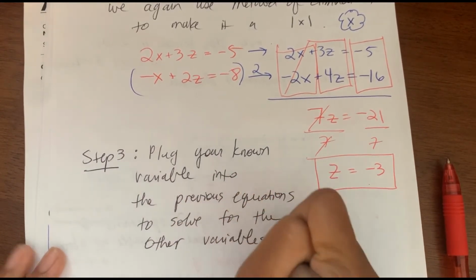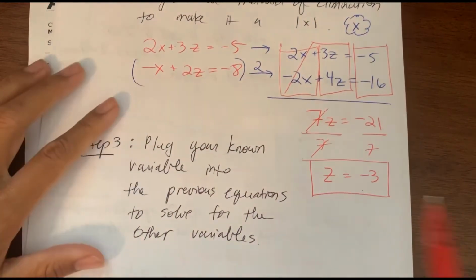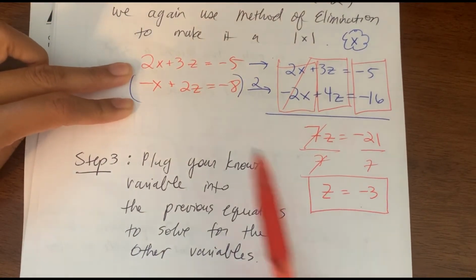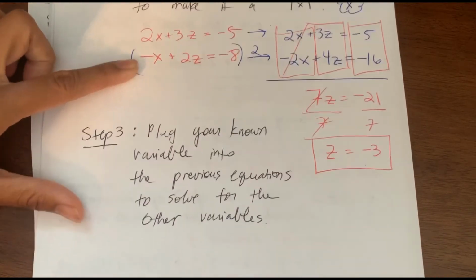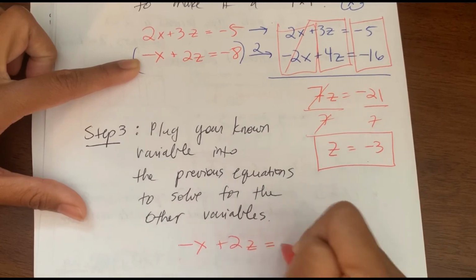So now we're just going to go backwards, and we're going to plug this back into the previous equation. So z equals negative 3. I could plug this into either one. It doesn't matter which one. So I'm going to plug this into, say, the second one. So I'm going to plug this into negative x plus 2z is equal to negative 8.